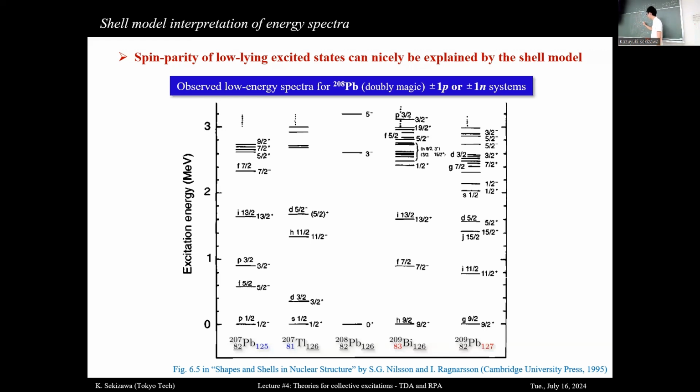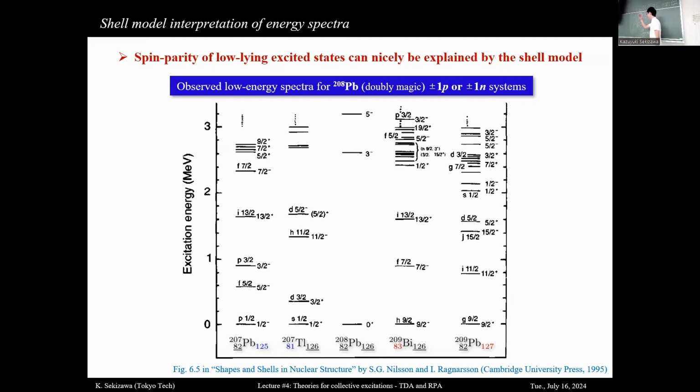So one proton is missing in the 82 shell. In such a case, what you expect is that the spin parity of thallium-207 should be determined by the last unoccupied hole state. So it will be 1/2 plus. And indeed it is 1/2 plus.